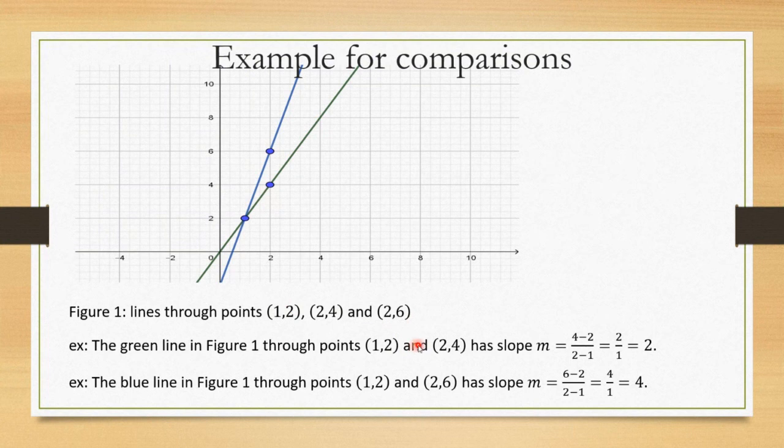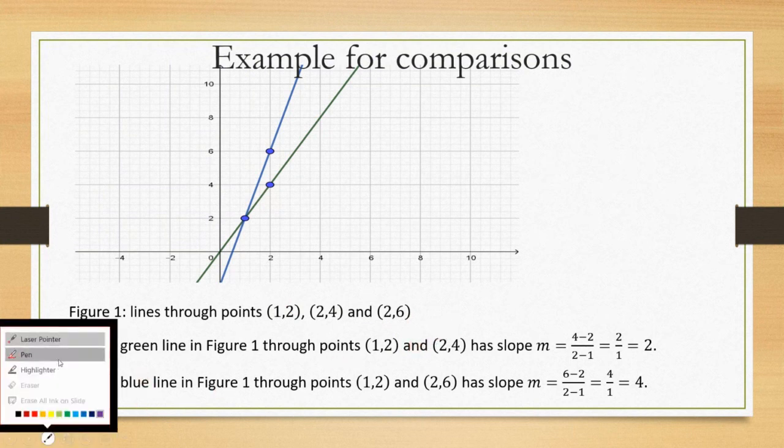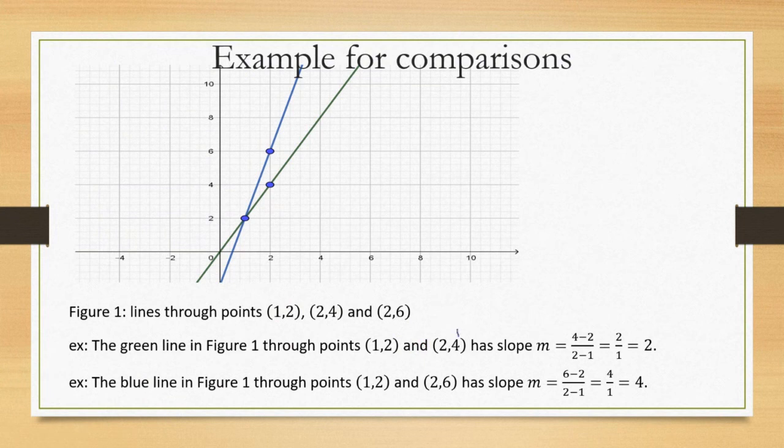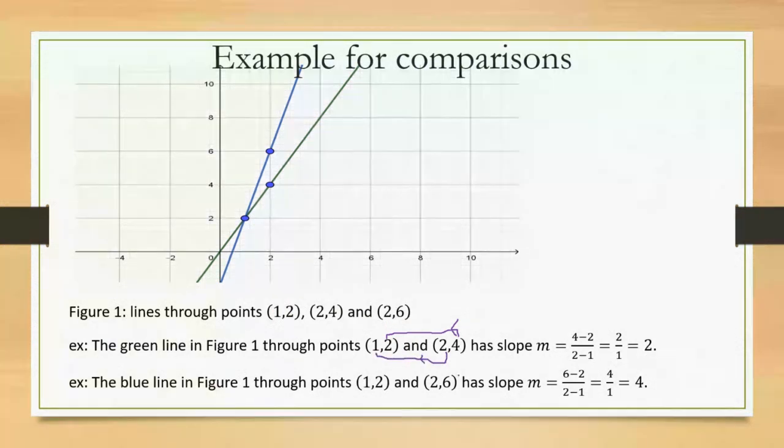So if we got the slope, what would we have? Well, again, get the pen out. We go 4 minus 2 on top, then 2 minus 1 on the bottom.